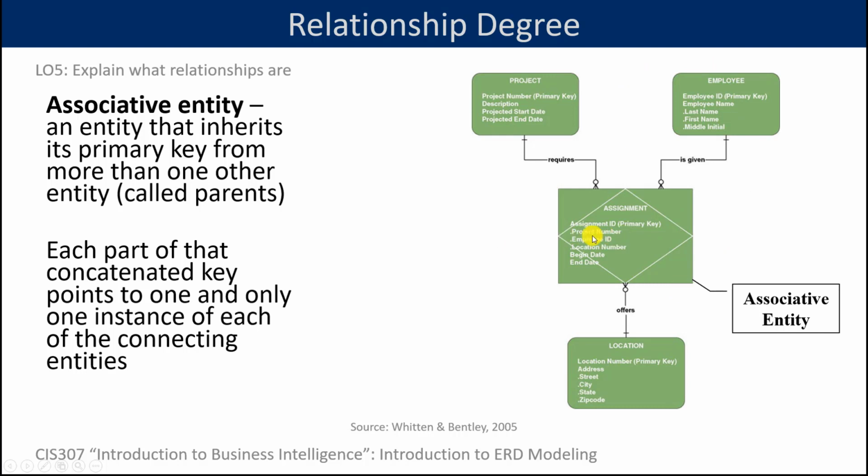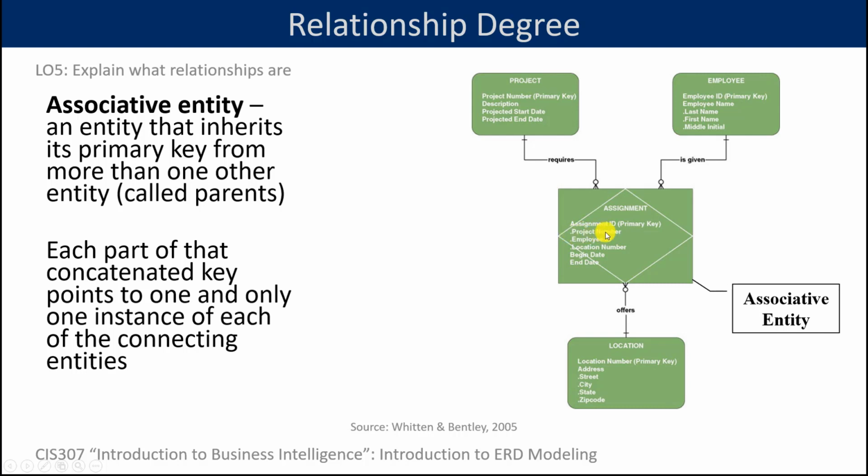And the other reason is its compound primary key. Assignment ID is the primary key of the assignment entity. It has three parts: project number, employee ID, and location number, which means that this assignment ID primary key is a compound or concatenated primary key.